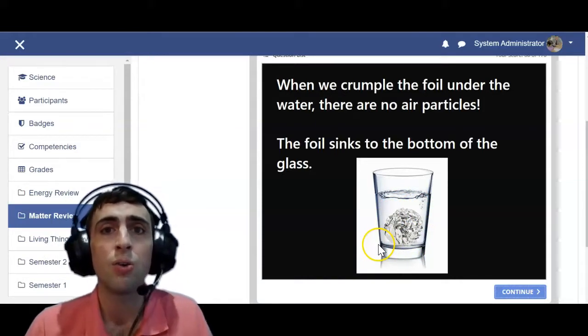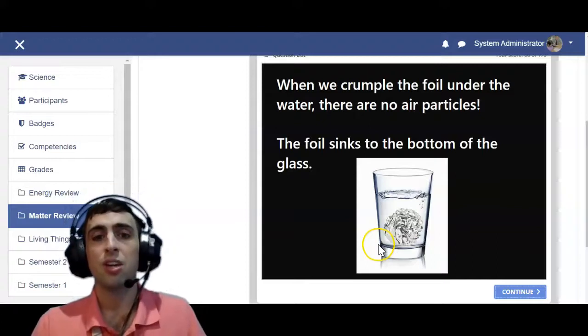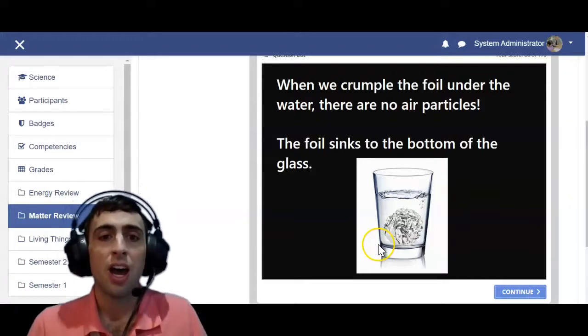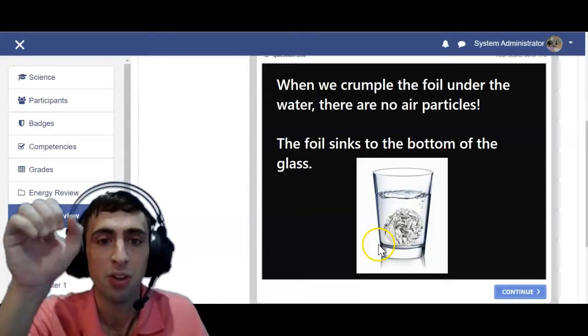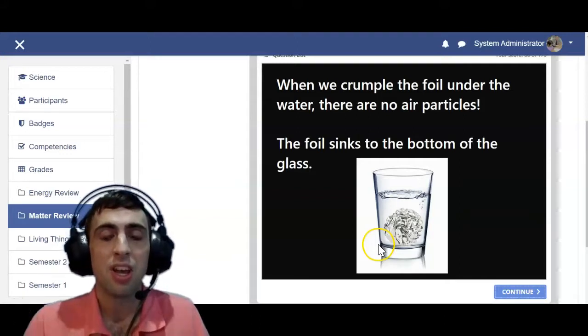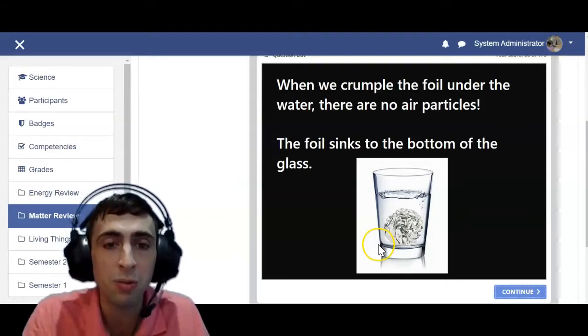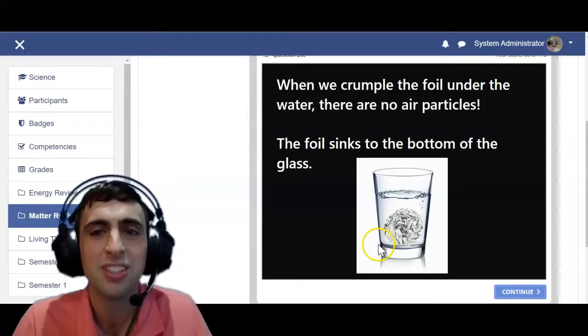There are no air particles inside. So in this video, I explained why the tin foil ball that we crumpled up above the water floats, and why the other tin foil ball that we crumpled up under the water sinks.